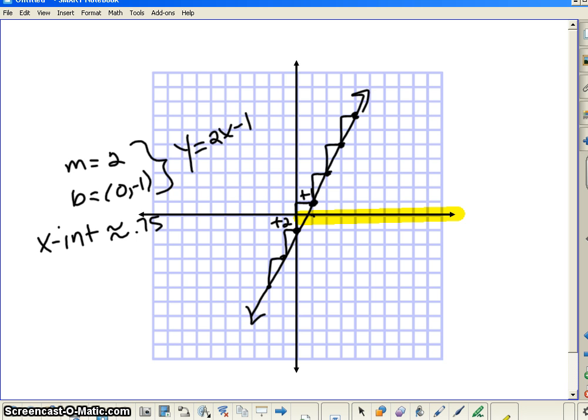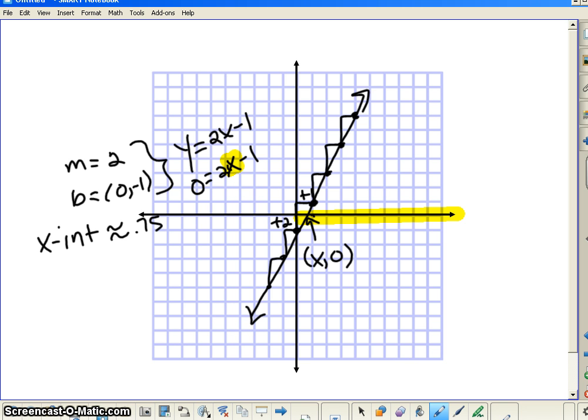But since it's not directly on the 1, if you want to find out the actual value, what does y equal right there? Y is 0, and x is some value, right? So if I have this equation here, if I put y equals 0, solve for x.